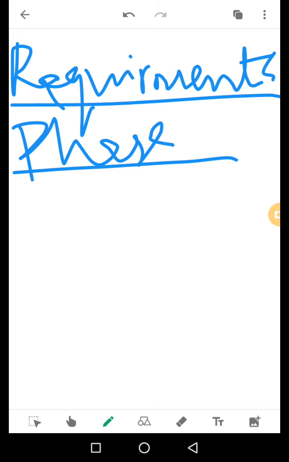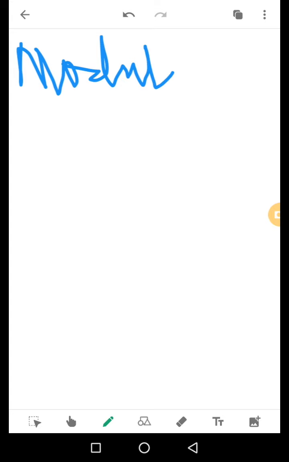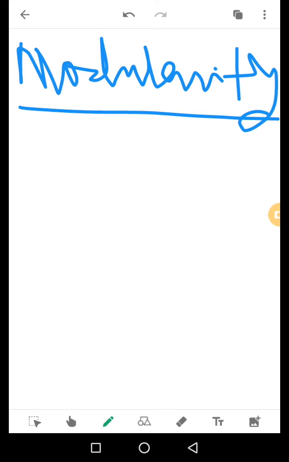So we want to have a look at Unit 3. Under this Unit 3 now, we have what is called modularity. I've been saying it. Modularity here now, that is breaking of the software into modules. Are you getting it now?